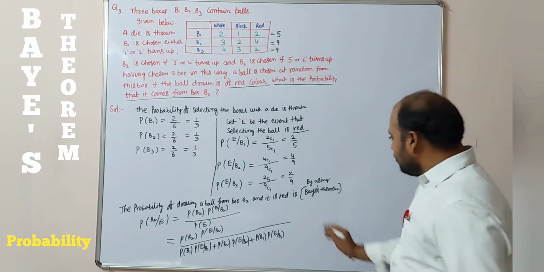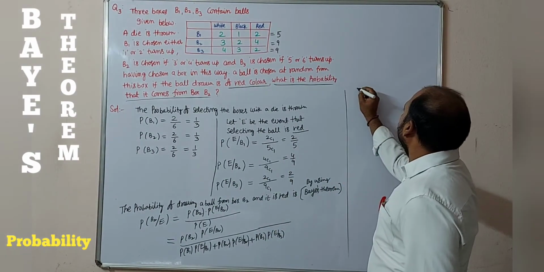So total 3 terms are there. We are calculating this now.